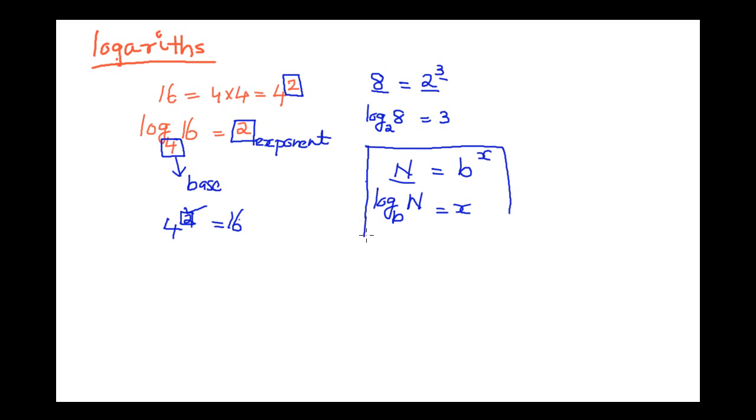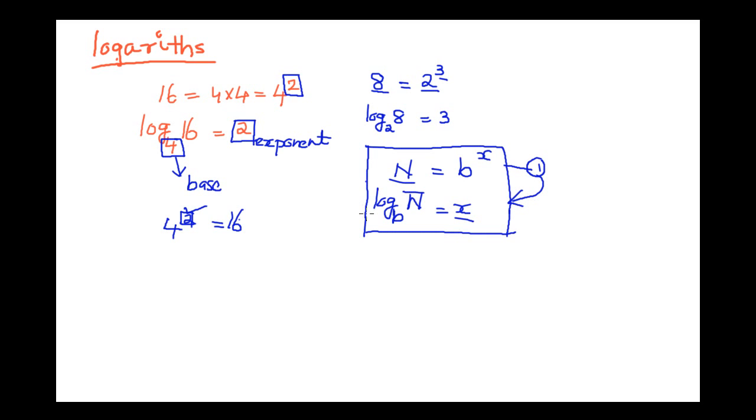So logarithm output basically gives you an exponent. This means that this number b has to be raised to x to get this number n. That is the meaning of it.